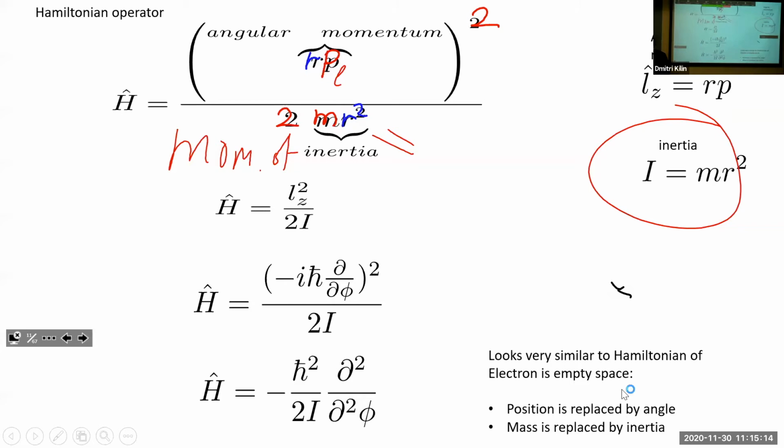Okay. As we were doing typical practice, if you do have a Hamiltonian, we need to find its eigenstates and eigenvalues, right?